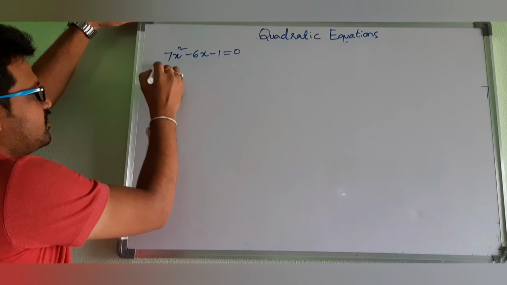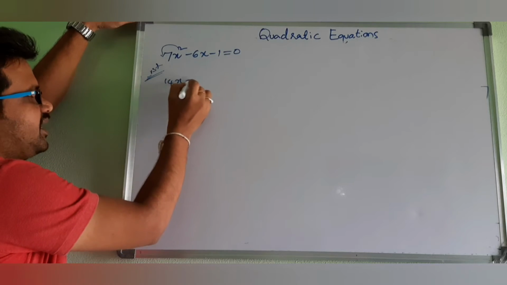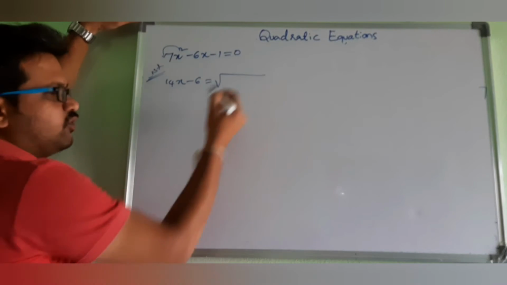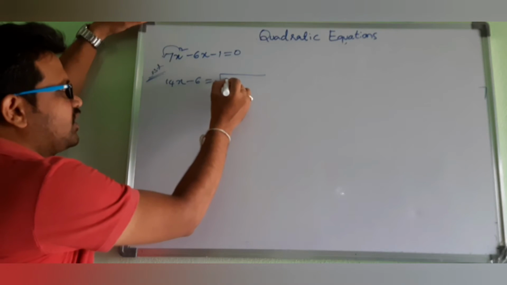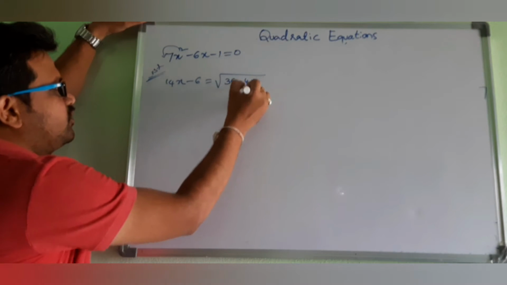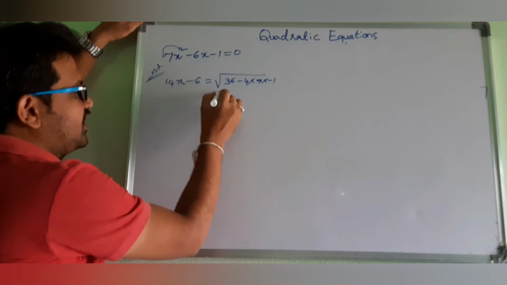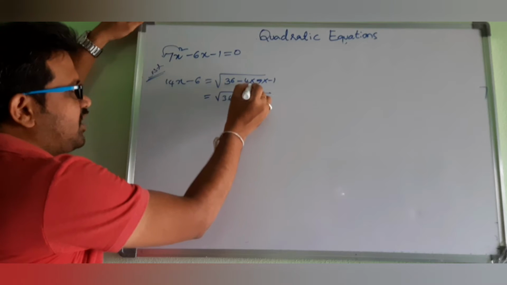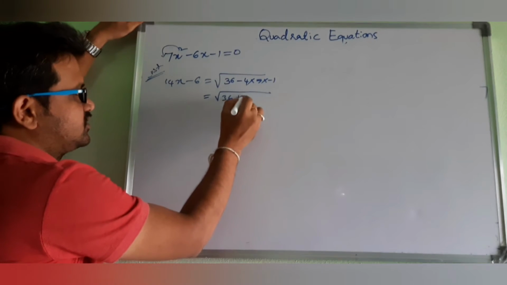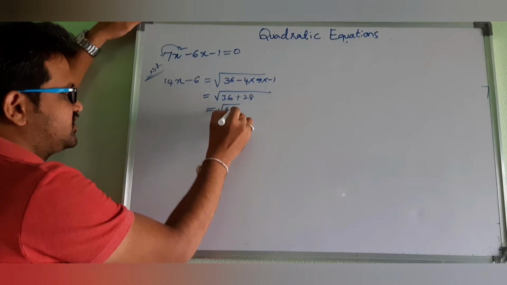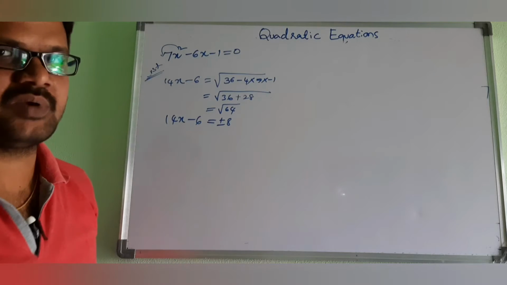First method: 2 into 7, 14x minus 6 is equal to the square root of b square minus 4ac. b square is minus 6 whole square, 36, minus 4 into 7 into minus 1, so plus 28. That is the square root of 64, which is plus or minus 8. So 14x minus 6 is equal to plus or minus 8.